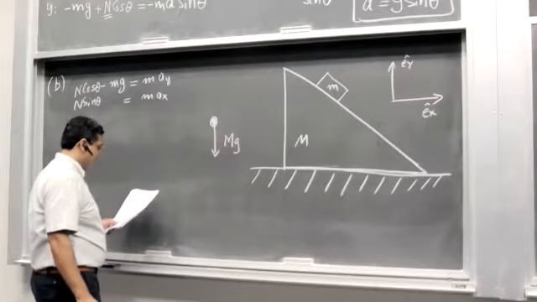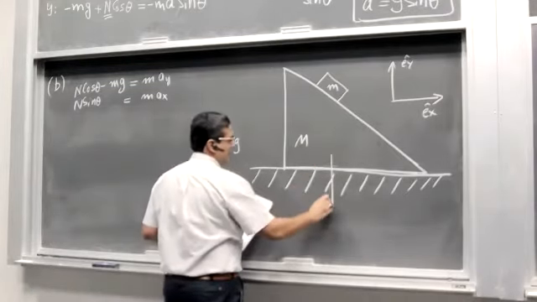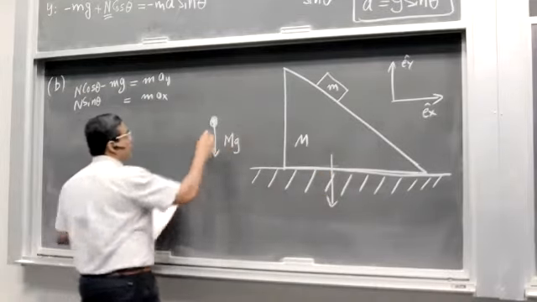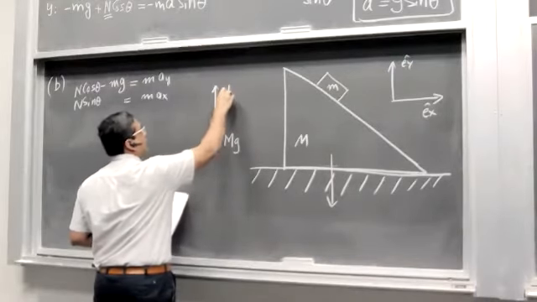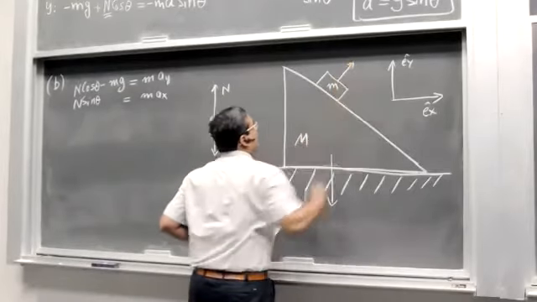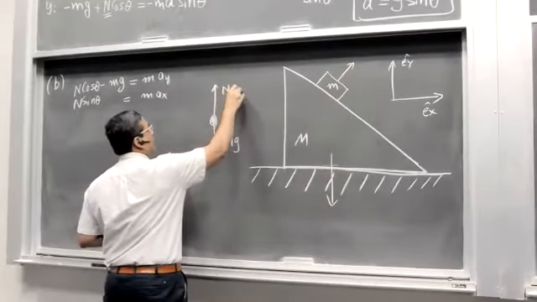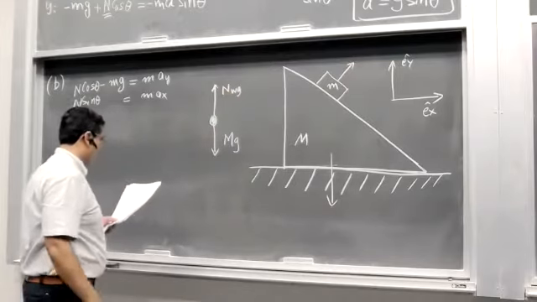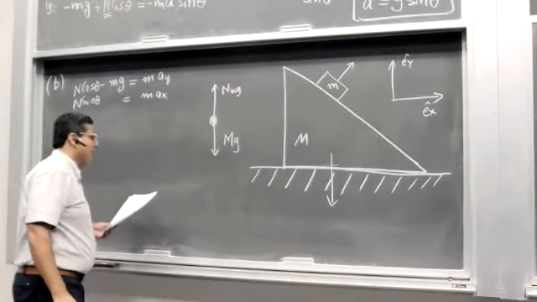So this is the force that is the weight of the wedge. Then there is going to be a normal force, and to distinguish it from the normal force that we are dealing with here, let's call this the normal force on the wedge by the ground, WG. But another force is acting on the wedge.